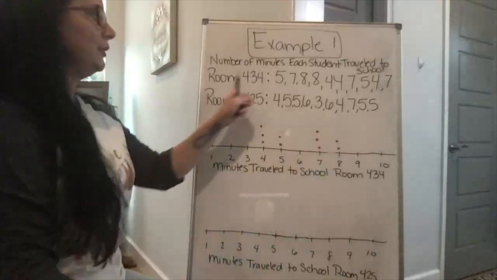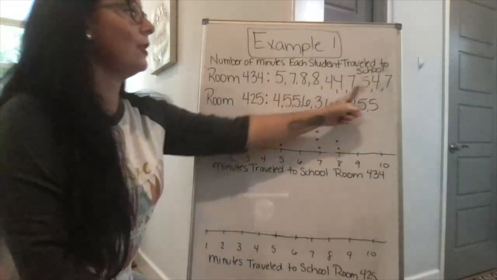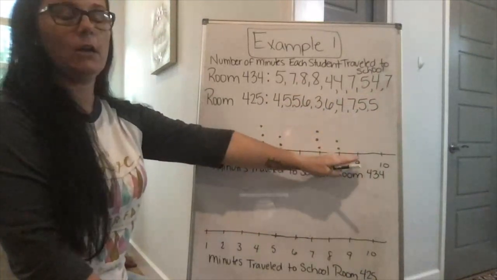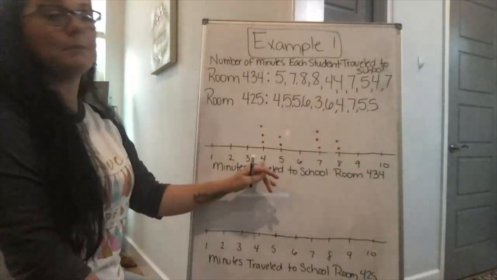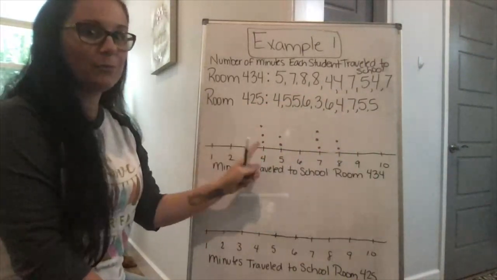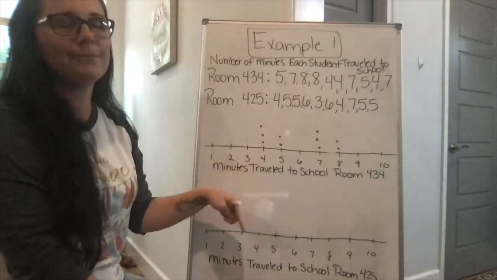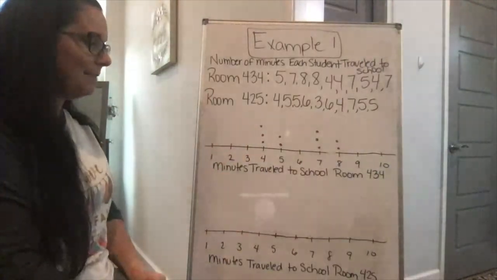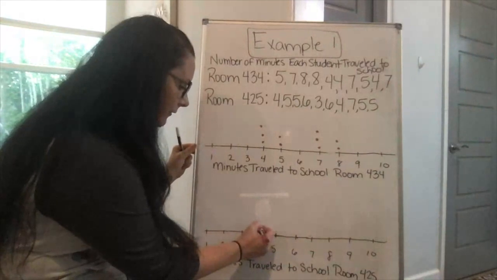So I just read across all 10 of these values and I plotted all 10 dots on my dot plot. Yes, I had more than one 4 in my set of data, so I have more than one dot over the 4. I'm going to do the same thing for room 425.